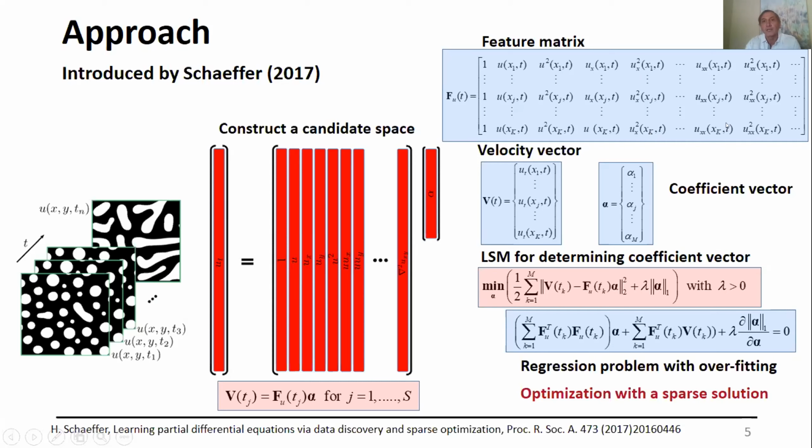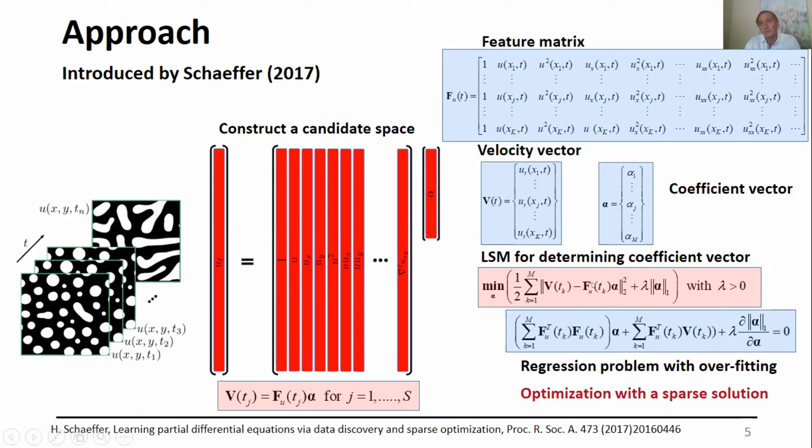So you construct the feature matrix, and you have a velocity vector, and then you have the coefficient vector that you need to determine. These are the coefficients that you have in your partial differential equation. Basically, we set this up as a linear least square minimization problem to determine the coefficient vector. Here we have a parameter lambda. This is a regularization parameter. You have an L1 norm here, and lambda is always positive.